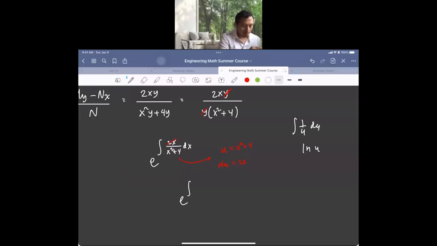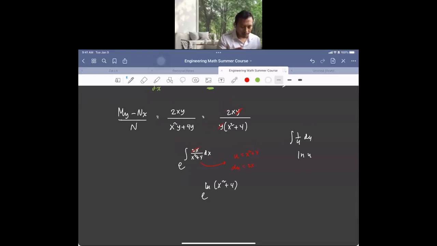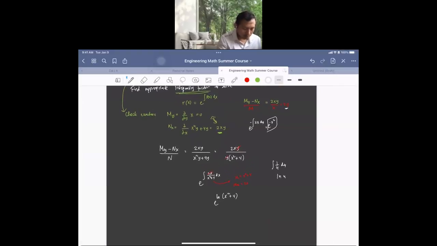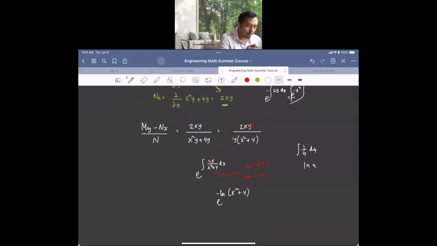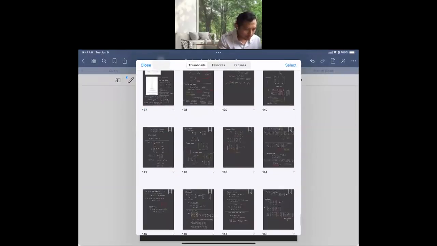Let me write this: ln of x squared plus 4. I think this one should be minus, right? Right, minus. Let me check.